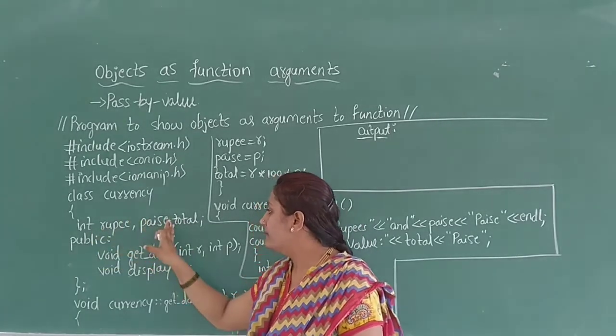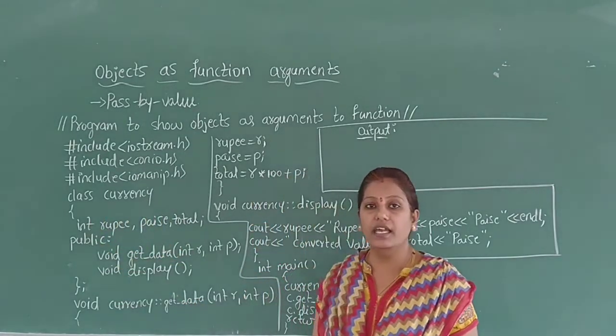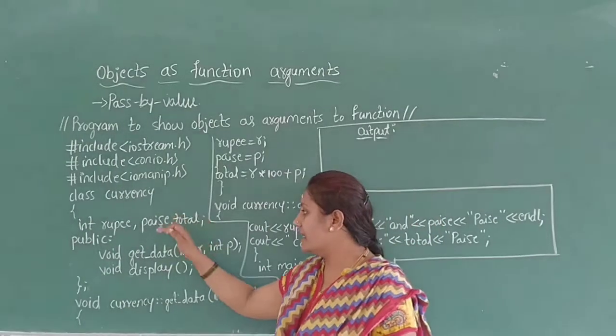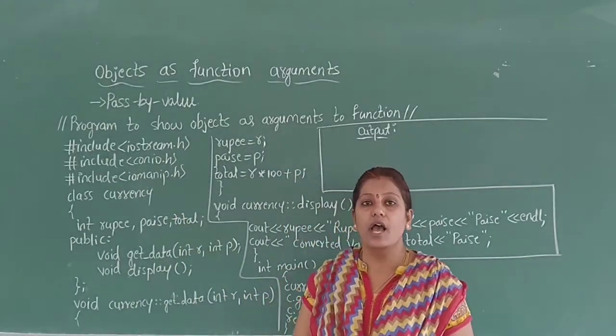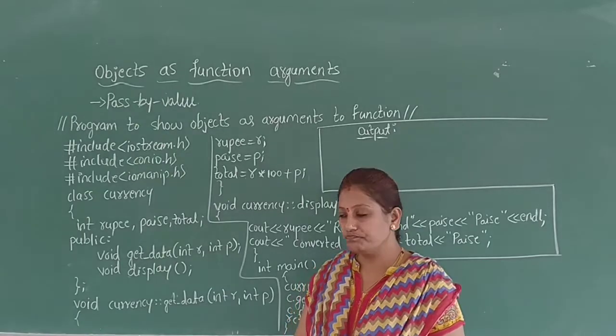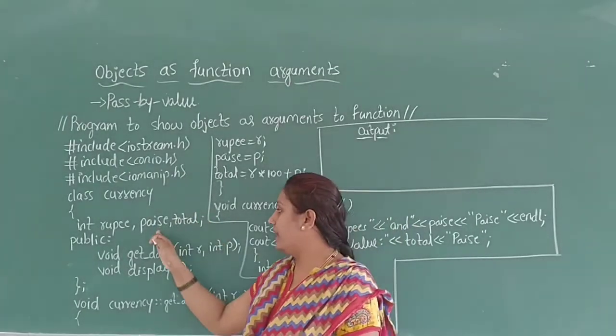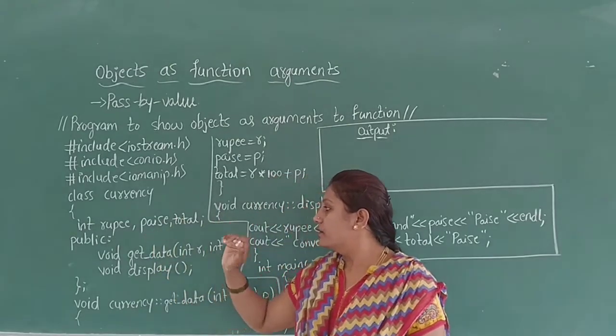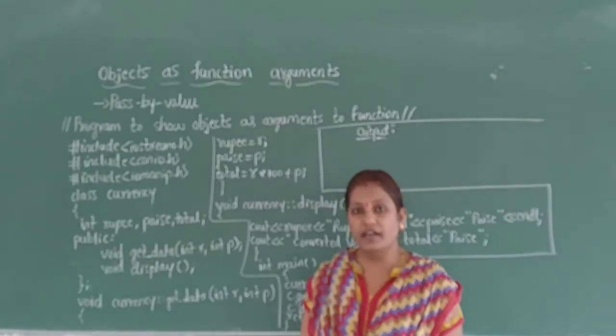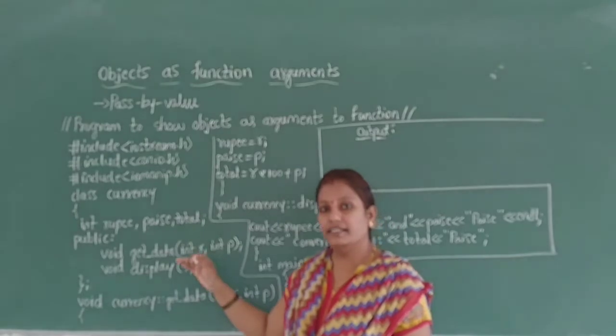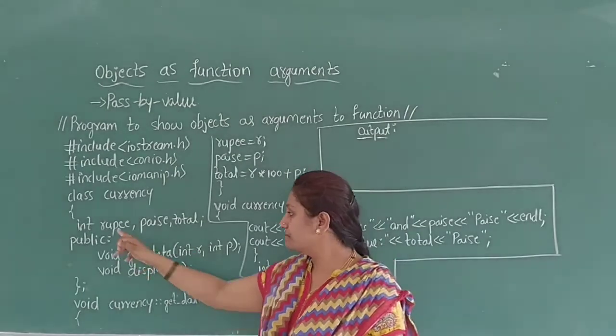These variables are declared with the integer data type and are considered private access, because the data members here do not mention any access specifier. By default it takes private access.